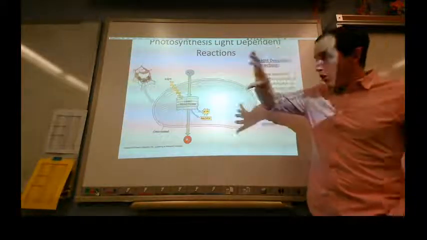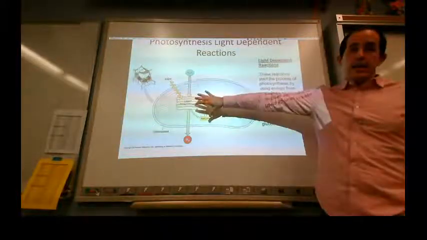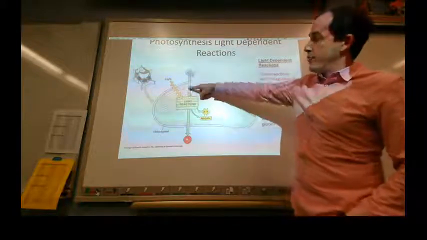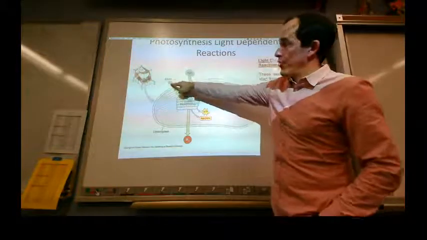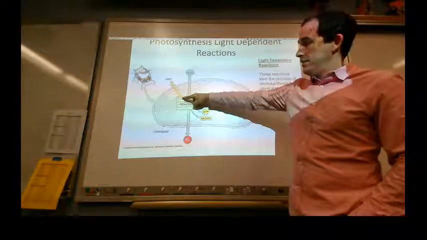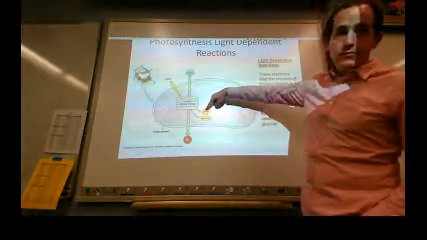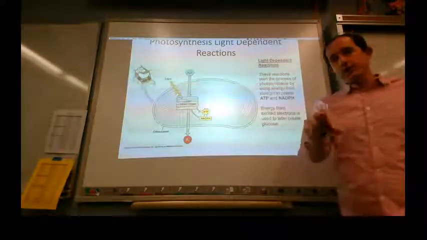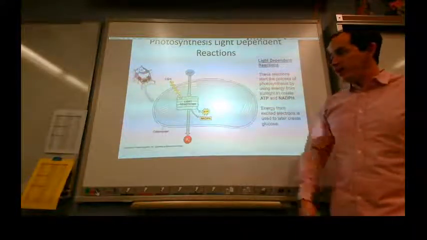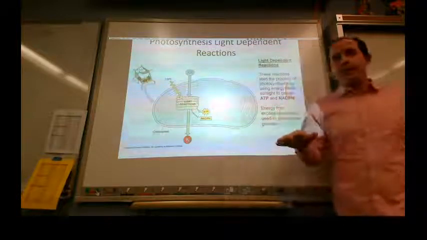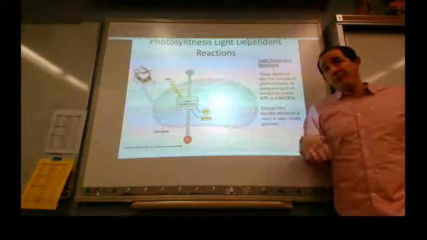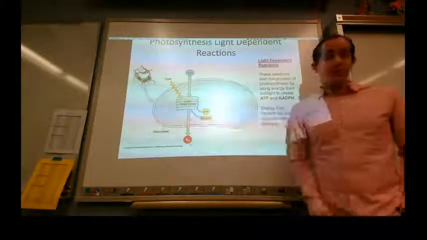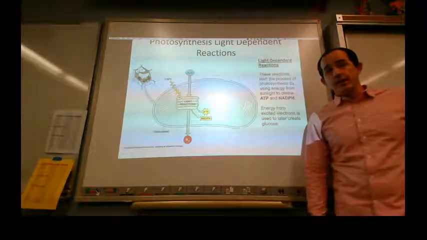Okay? So the whole idea with the light-dependent reactions is to bring in water, bring in energy from the sun to create ATP, which is an energy molecule, NADPH, which is an electron carrier, and we'll see why that's important a little bit later on. And then the most beautiful byproduct, really maybe of any chemical reaction that naturally occurs on our planet, oxygen, comes as a result of the light-dependent reactions.